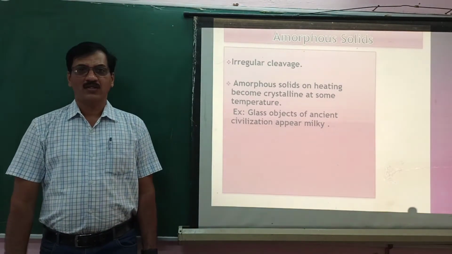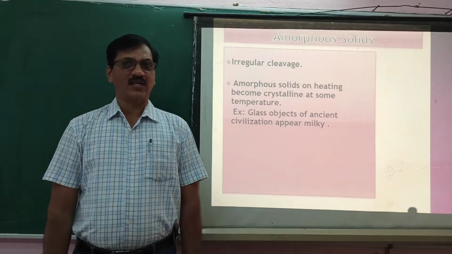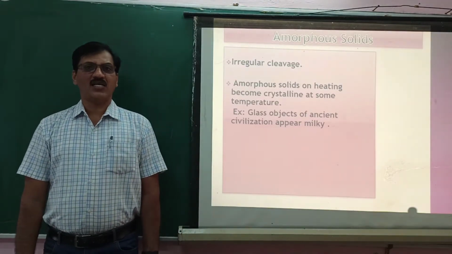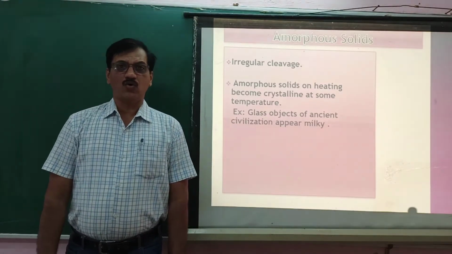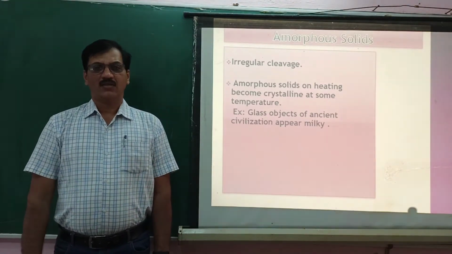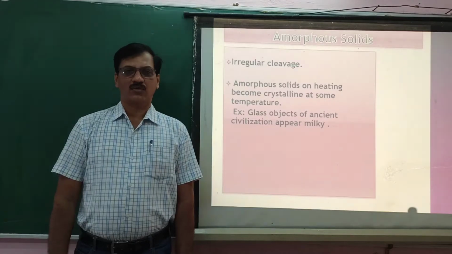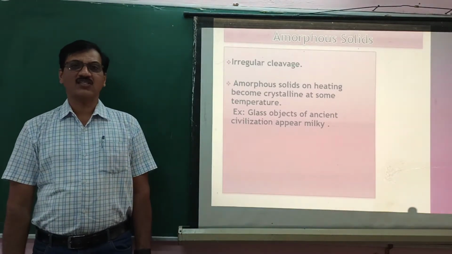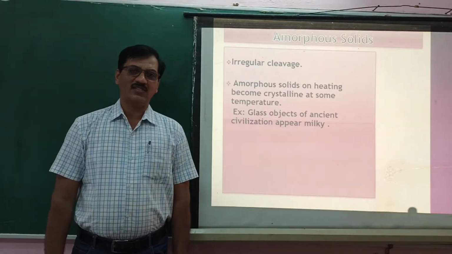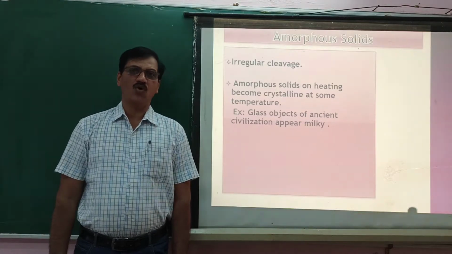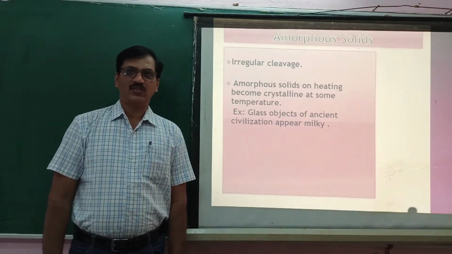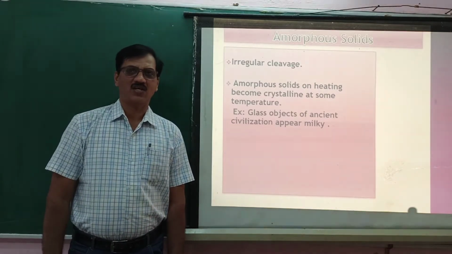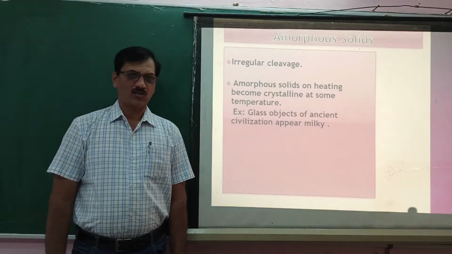This is what we find, and this is the reason for it. Glass is amorphous, but in the long course of time, the amorphous glass attains crystallinity. Because of this, it becomes milky. Glass objects of ancient civilizations appear milky because of this reason.